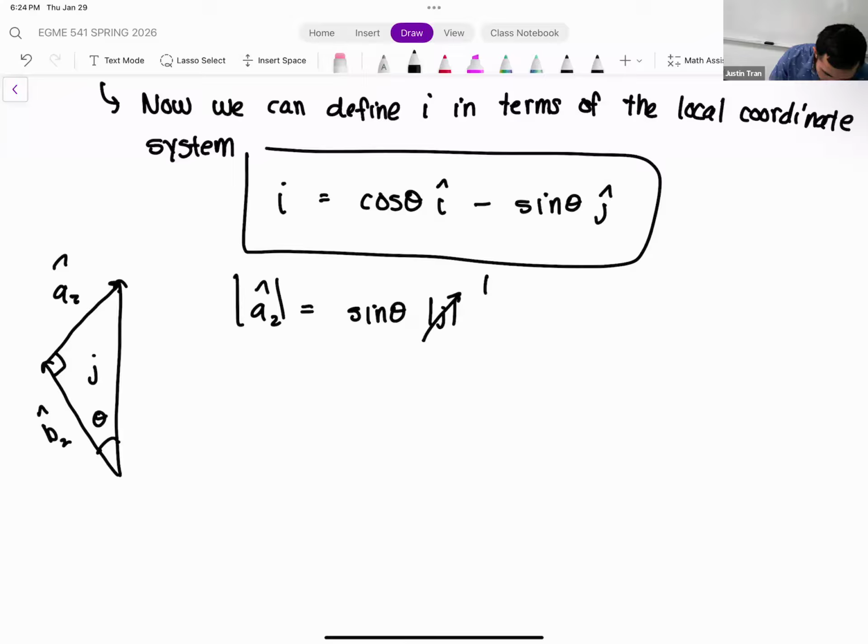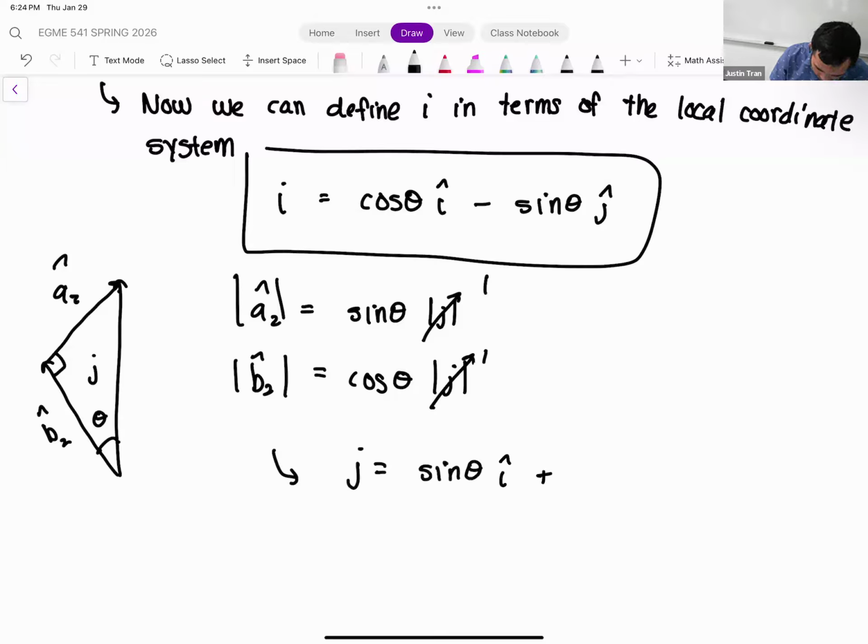We know the length of j is 1. Same thing for b2 hat: b2 hat is the adjacent edge to the angle, so this is going to be cosine theta times j, which is equal to 1. So we put those two pieces of information together, and we get j is equal to sine theta times I hat plus cosine theta j hat.